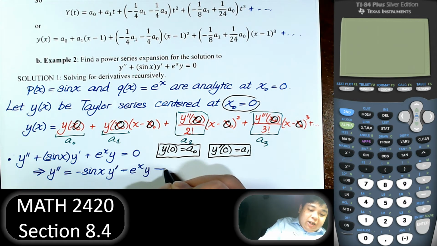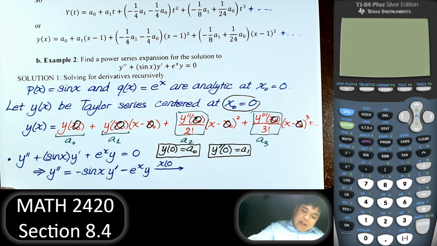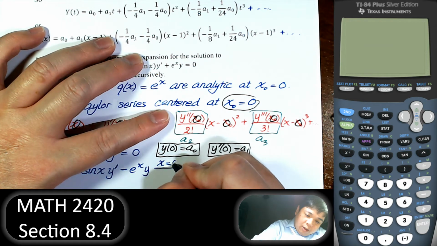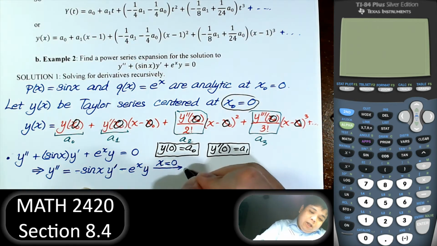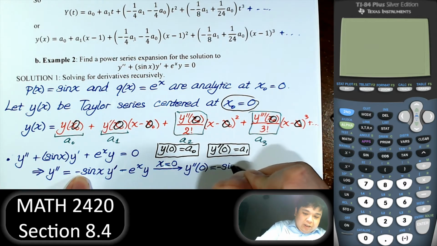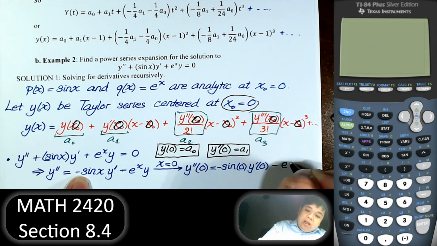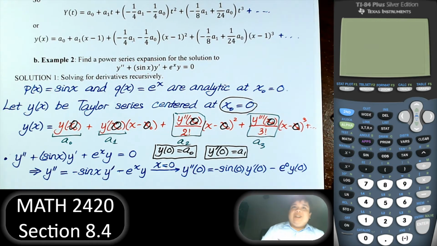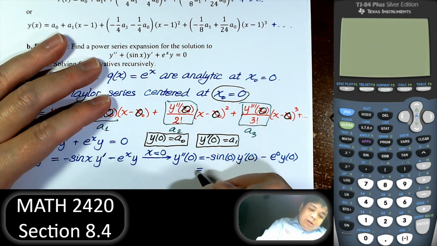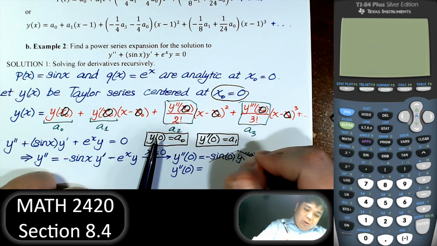Now, if we let x equal to 0, the second derivative at x equal to 0 is equal to negative sine of 0 times y prime of 0, minus e to the 0 times y of 0. Sine of 0 is equal to 0, so this one goes to 0.